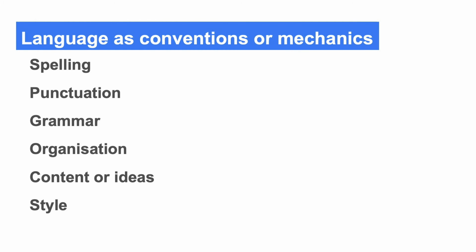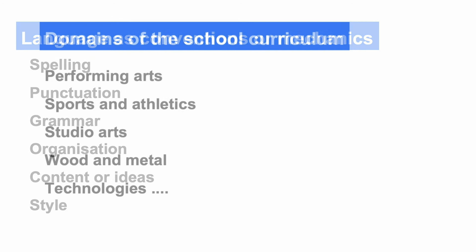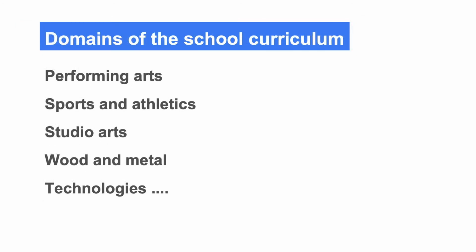Most commonly, analytic rubrics have been used by teachers to score student writing when the teacher awards a separate score for such facets of written language as conventions or mechanics, that is spelling, punctuation and grammar, organization, content or ideas and style. They are also used in many other domains of the school curriculum.